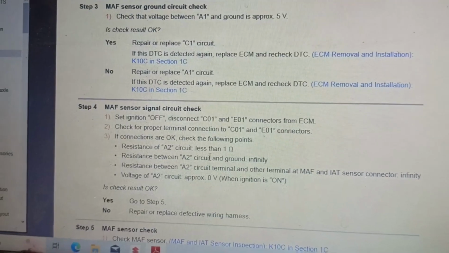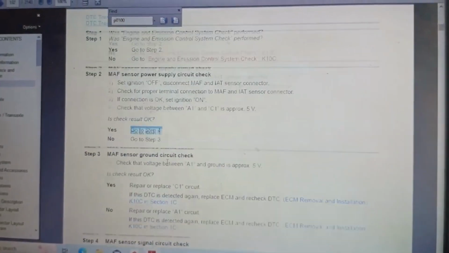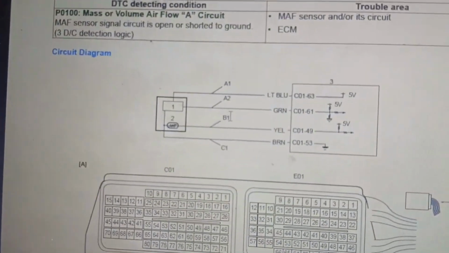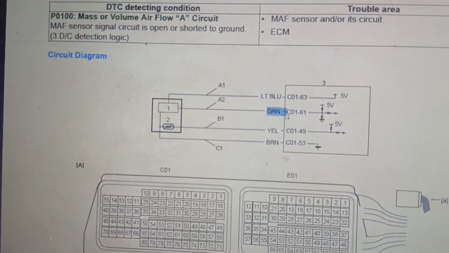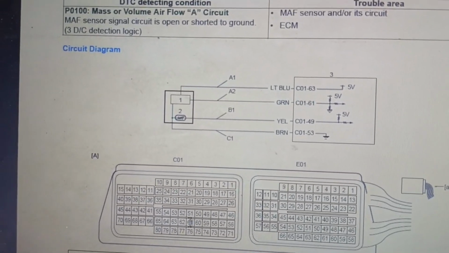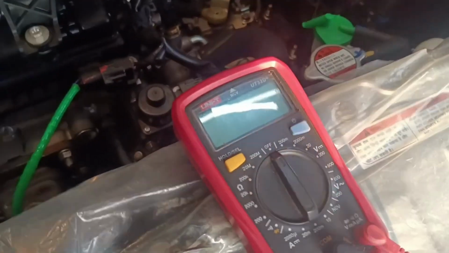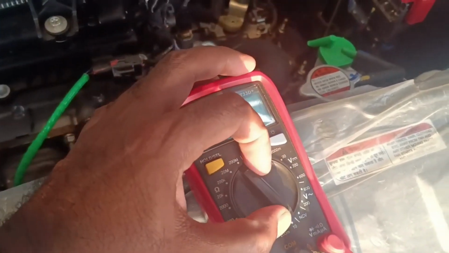Then we need to check the A2 circuit resistance. The A2 circuit color code is green wire, in C01 pin number 61. We need 2 lead wires connected to the multimeter.